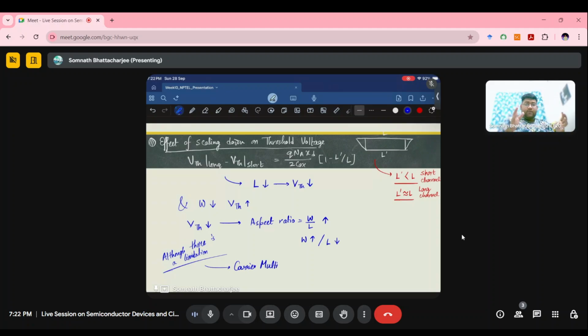As the channel gets very small, there's an effect called the carrier multiplication effect. Everything can be mathematically deduced, but I am just omitting those parts.